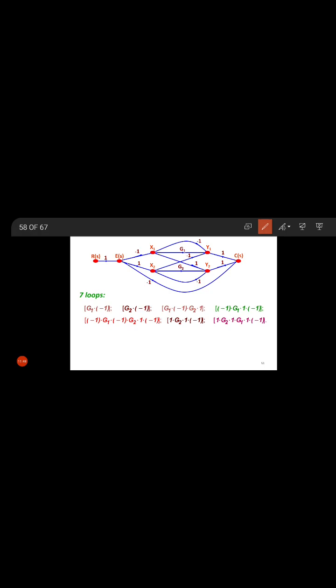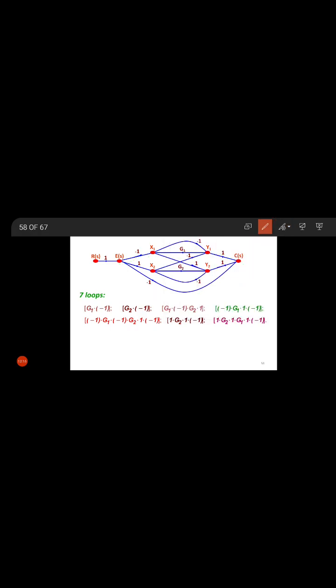Next third loop is your G1, this G1 minus 1, G2 and 1. Okay, and fourth one is minus 1, G1, 1 and minus 1. Okay, this is fourth loop.